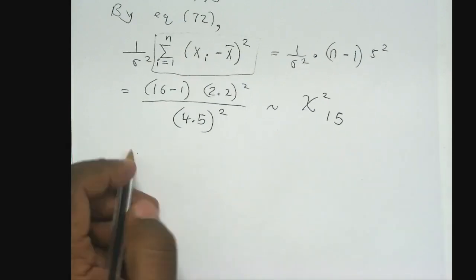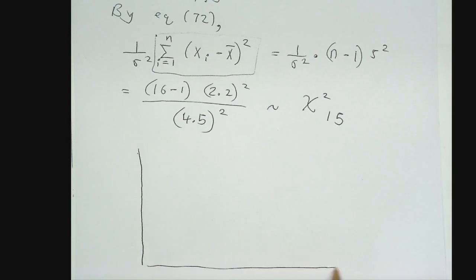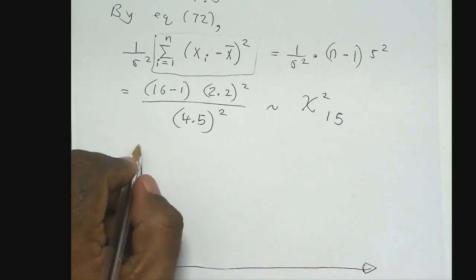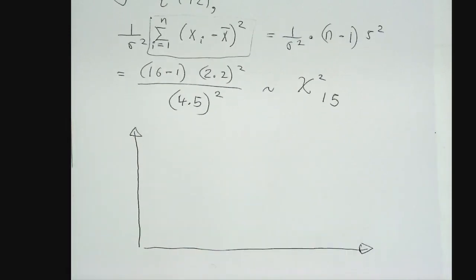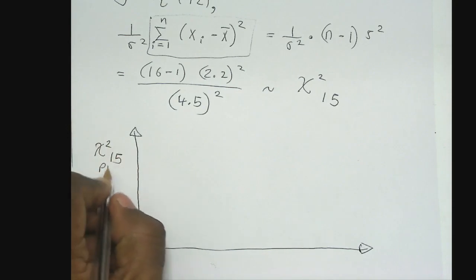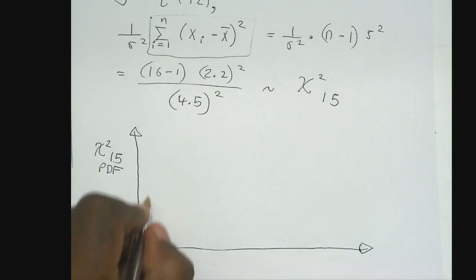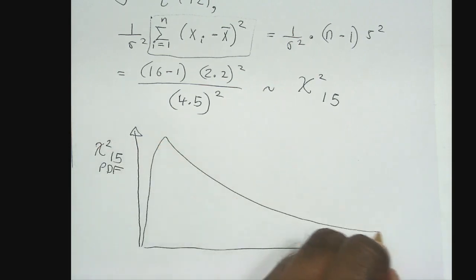That's the question. To answer that question, let me show you a plot. Once again, this is the PDF of a chi-square distribution with 15 degrees of freedom. Typically, it will look something like this.